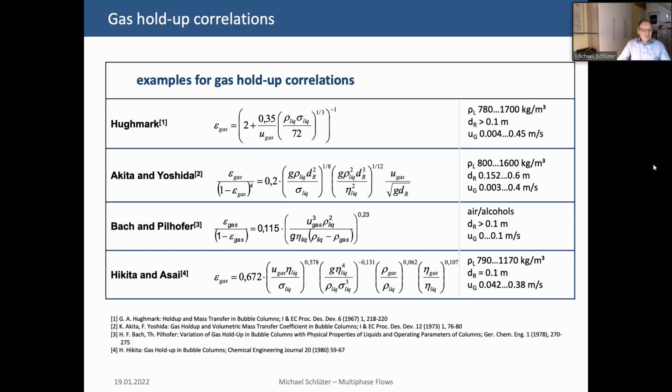Because the more these correlations depend on empirical parameters that have to be adapted, the less reliable the equation is if you transfer it from one system to another system.